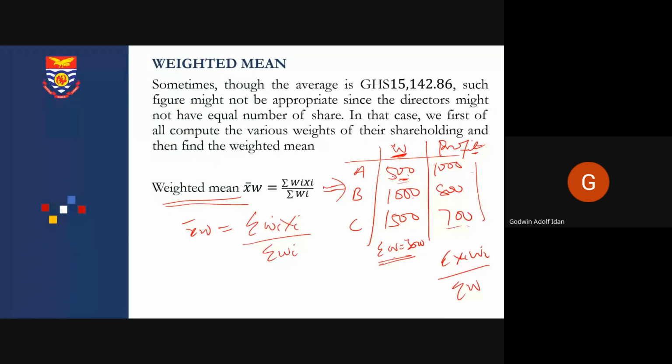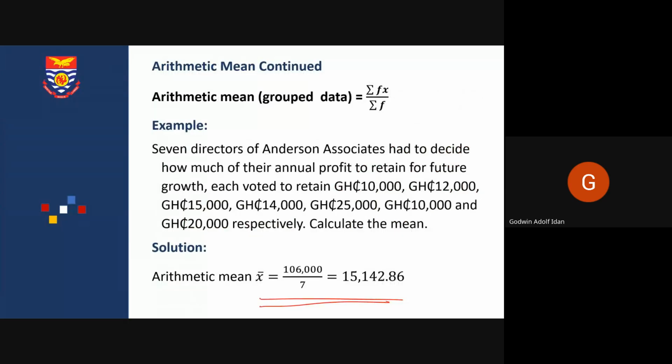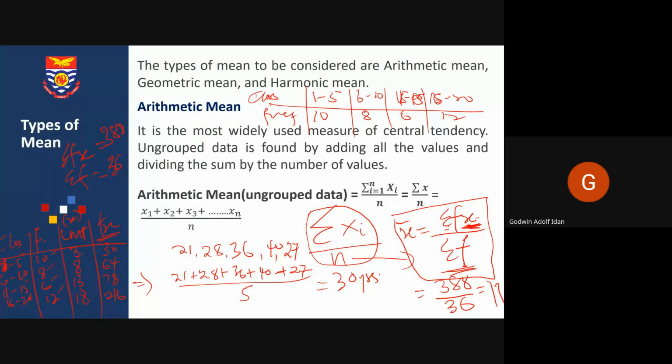So we can do 500 times 1,000, which gives us 500,000. That is following the same approach as the summation of fx, where we multiplied the frequency by x.